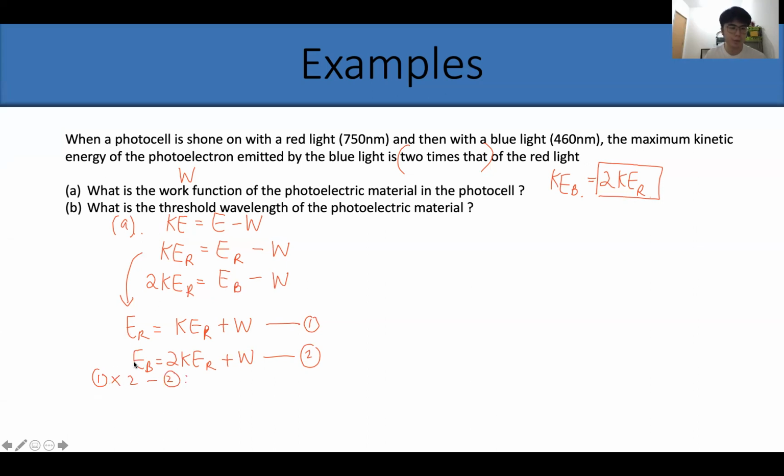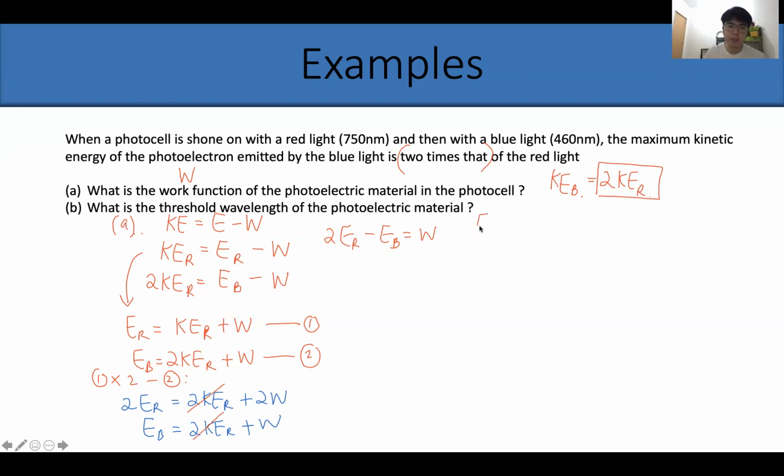Okay, equation 1 times 2. So we have this one times 2, we get, let me use a different color here. 2 ER equals 2 KER plus 2W. And then we have our EB, okay, then we minus. Minus ER minus EB equals, this one cancels. So 2W minus W equals W. Okay, so like this, then I can put in the values.